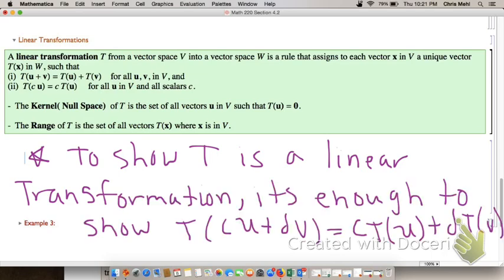To show that T is a linear transformation, it's enough to show that T takes a linear combination of two vectors, cu plus dv, and has image c T of u plus d T of v. Okay, so that would be sufficient to show that something's a linear transformation.